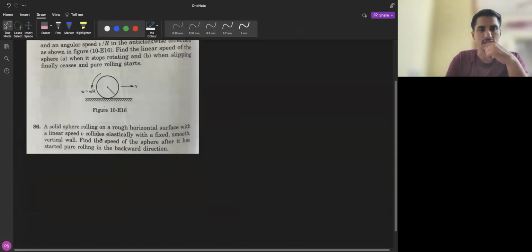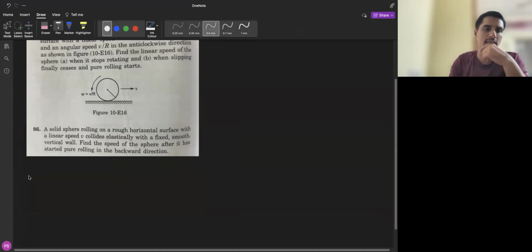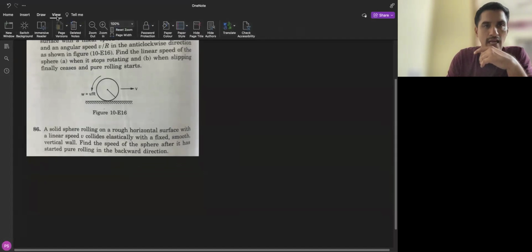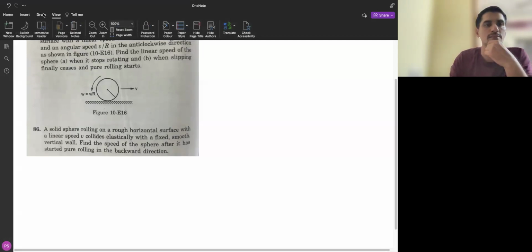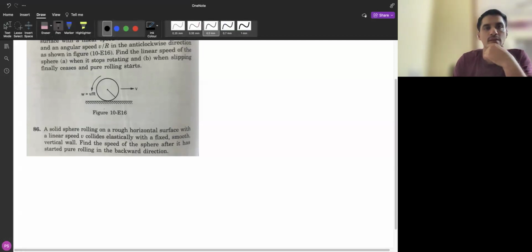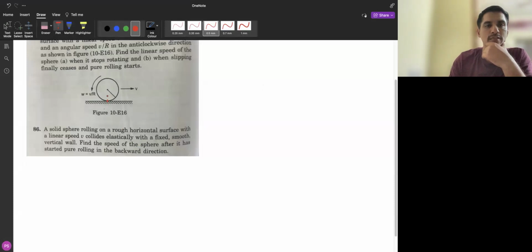So first, if we want to apply the law of conservation of angular momentum, with respect to what do I have to apply it? With respect to point P, the point of contact.